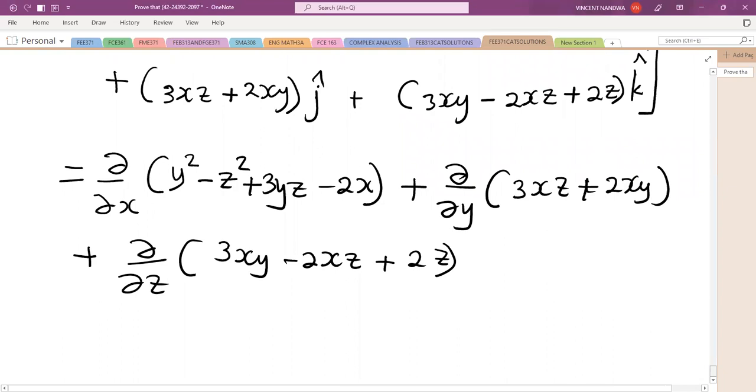So that gives us the divergence of the f vector.